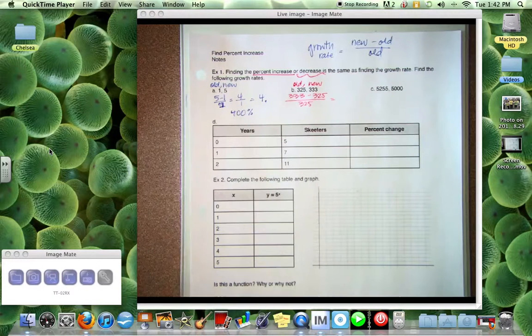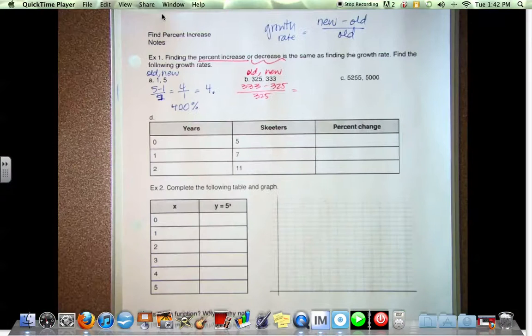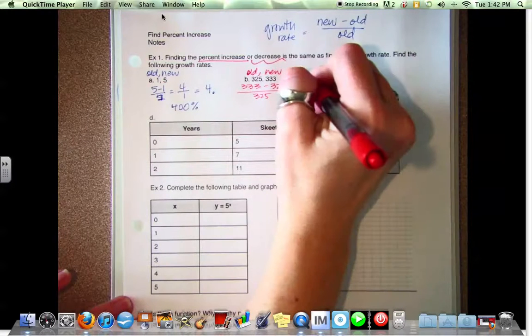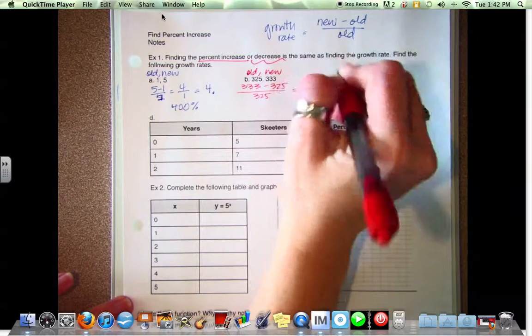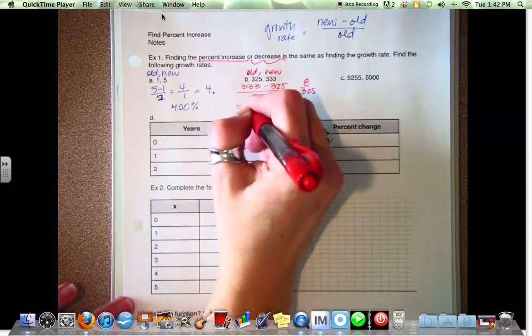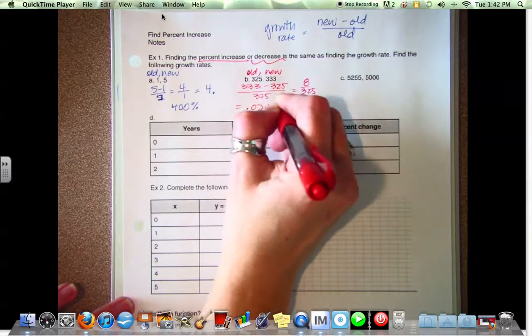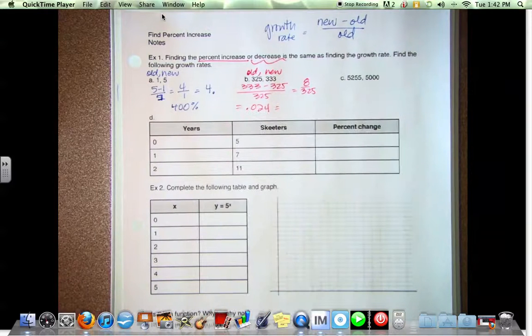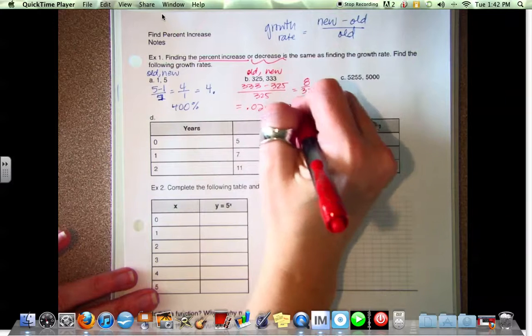So 333 minus 325 gives us 8 over 325. You do 8 divided by 325, which is 0.0246. So what is that as a percent? 2.4%.